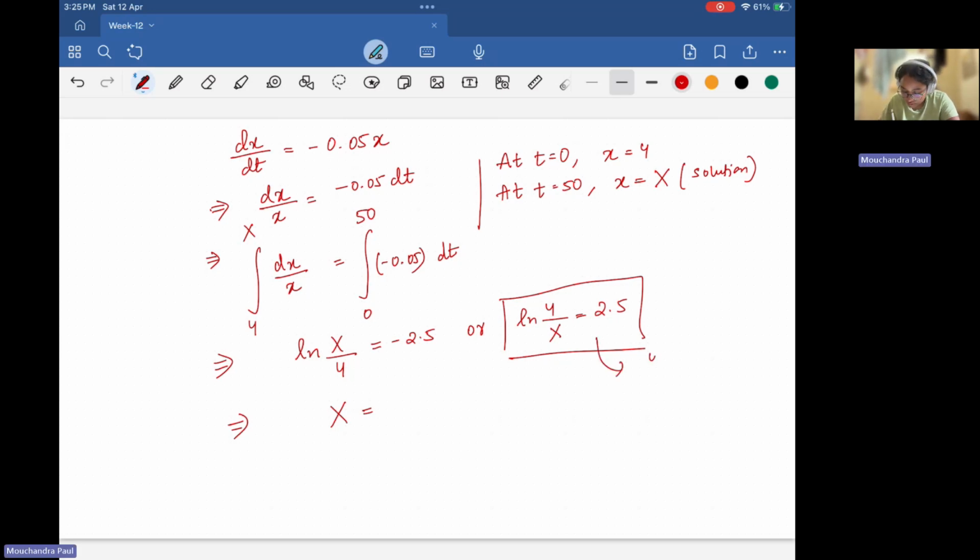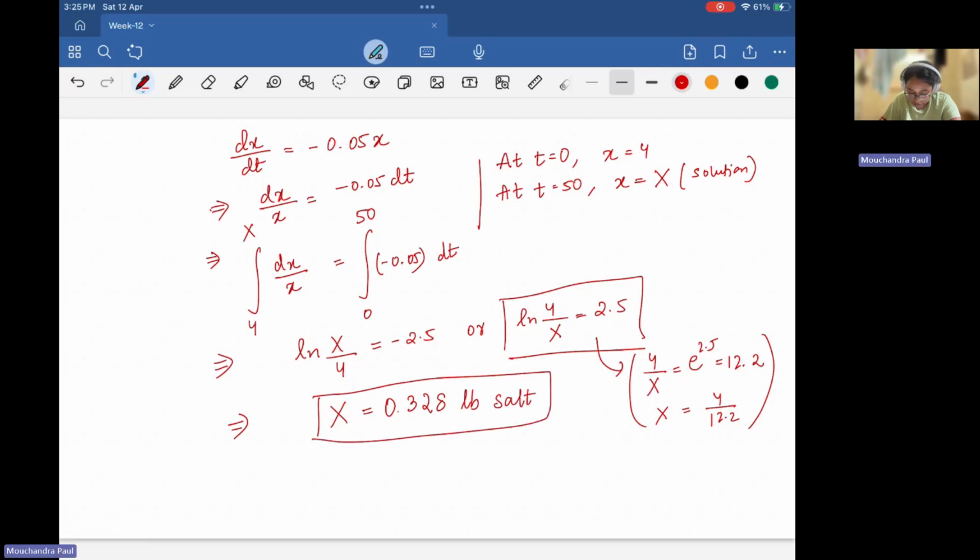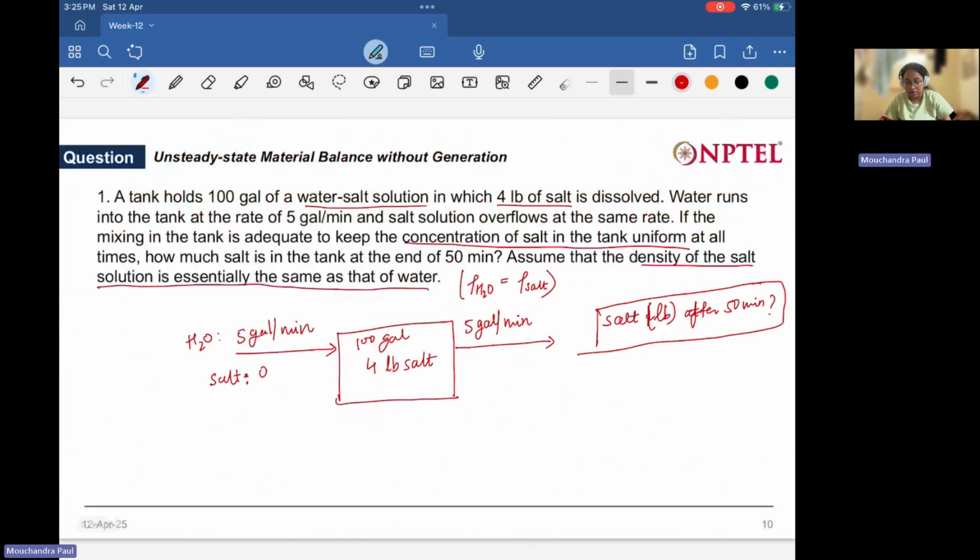If we simplify this, you should get 4 by X equals e raised to the power 2.5. That is coming to be 12.2. And then X will be 4 by 12.2, it's just simplification. So 4 by 12.2 is 0.328 pound of salt, the mass of salt that is left in the tank at the end of the time.